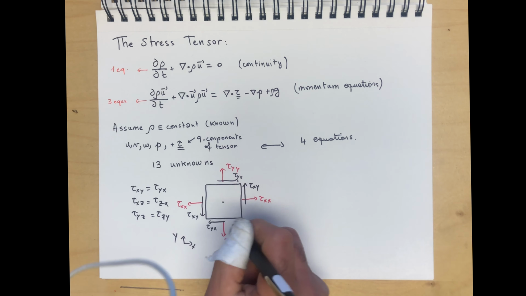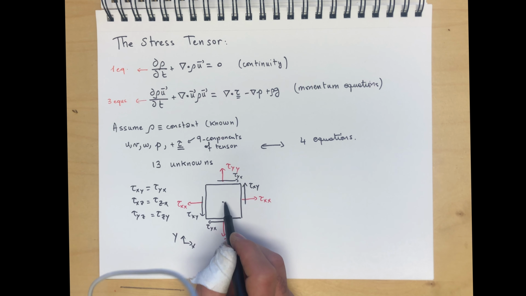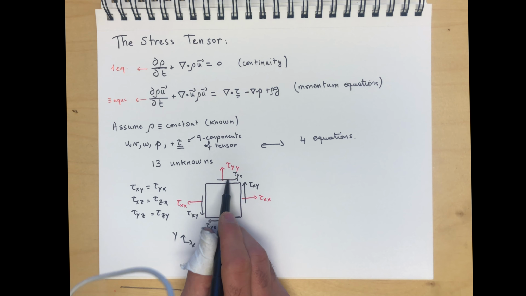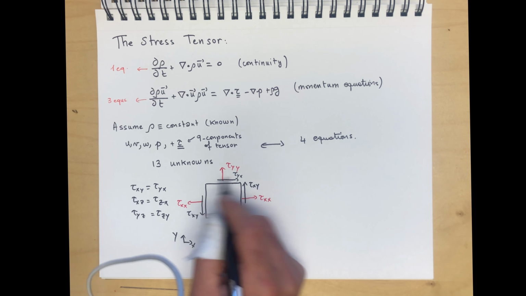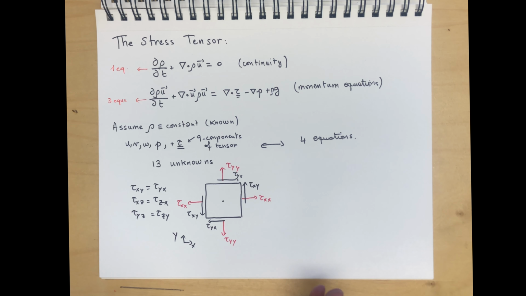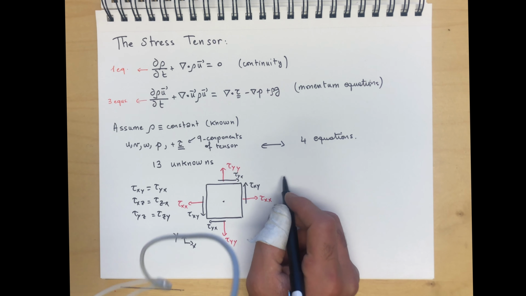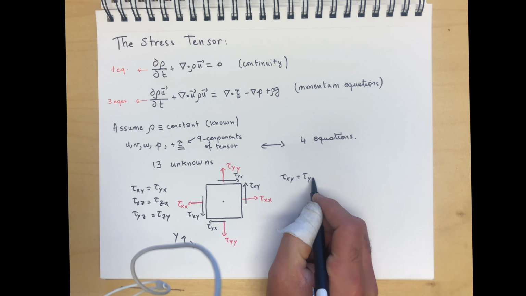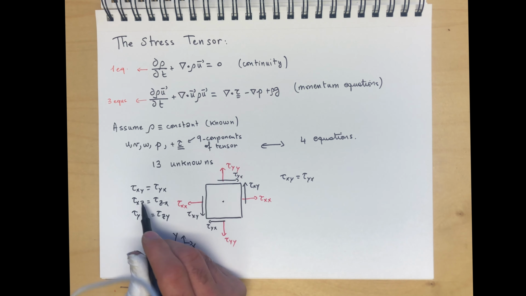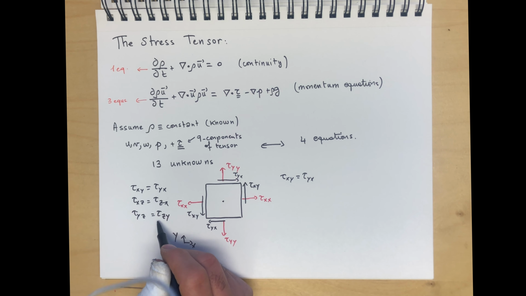If you take the moments around this point caused by these forces, you can show that for this material to be stable and not spin to infinity, essentially we require that tau xy is equal to tau yx.